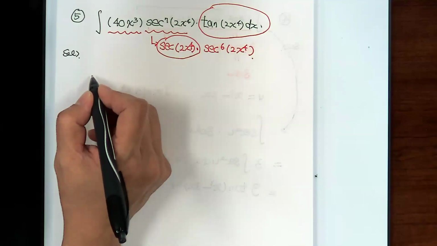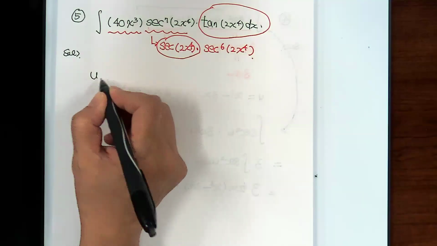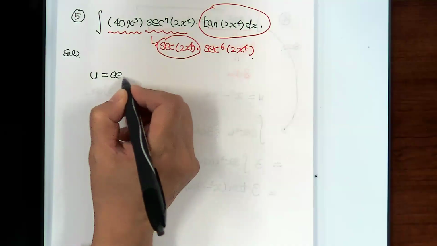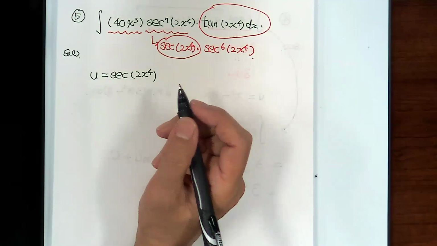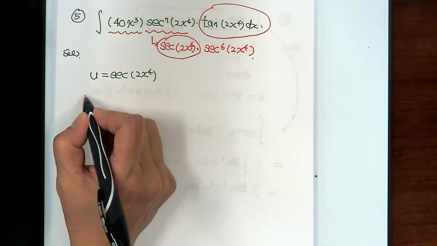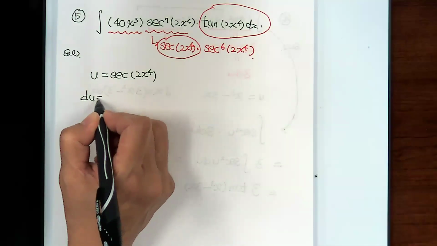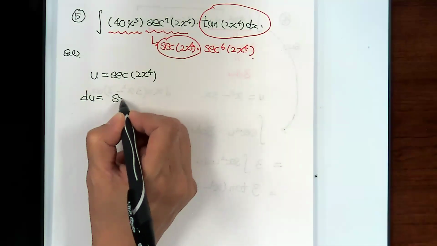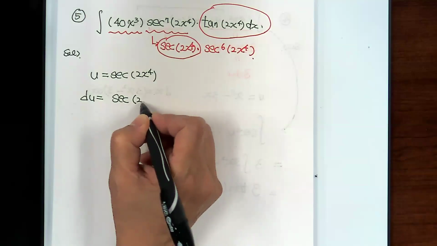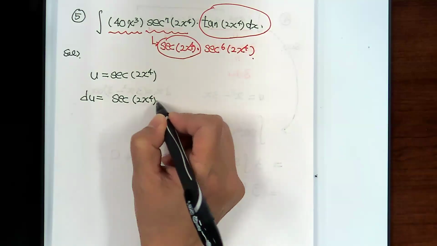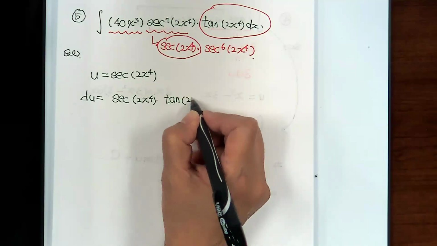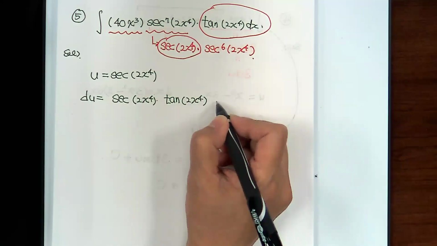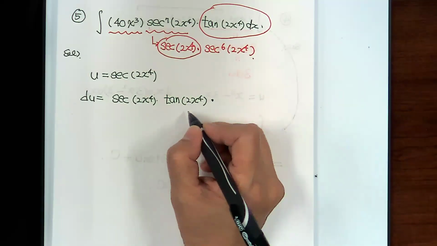Our strategy will be to put u equals secant of 2x to the 4th power. Then du will be secant times tangent, secant of 2x to the 4th power times tangent of 2x to the 4th power, and that's the chain rule.